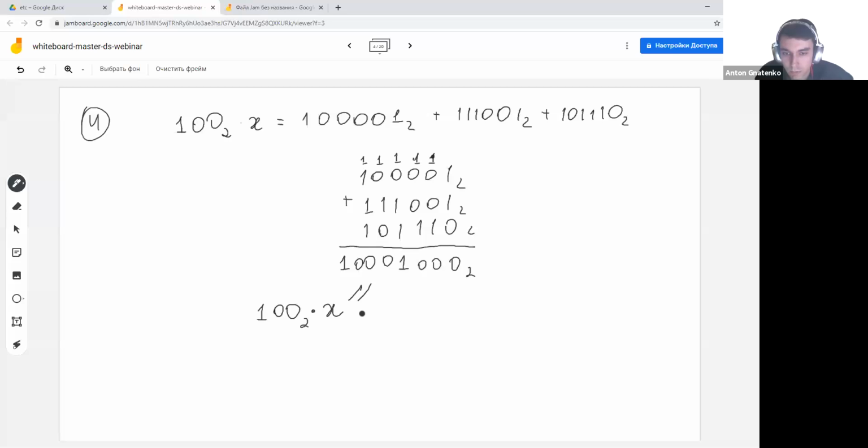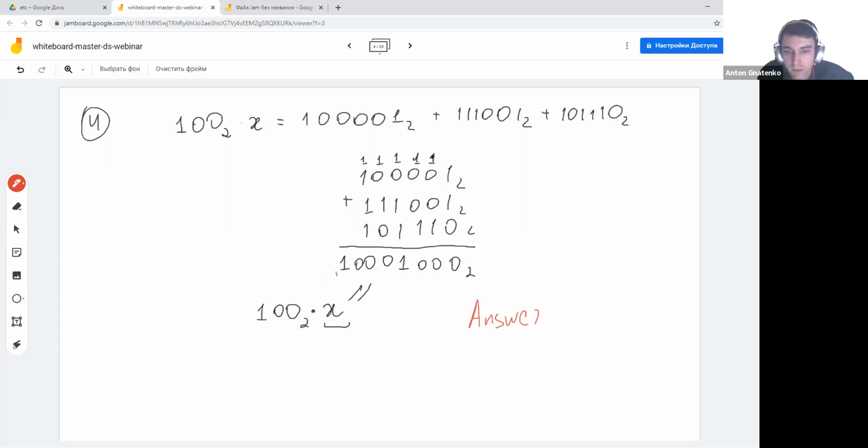This is this number. When I want to find x, I just need to divide it by 4. But in binary, it's very easy to divide by 4. If we see the 2 zeros at the end, we just cancel them. It's just like dividing by 100 in the decimal system.